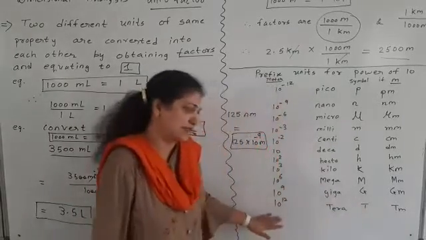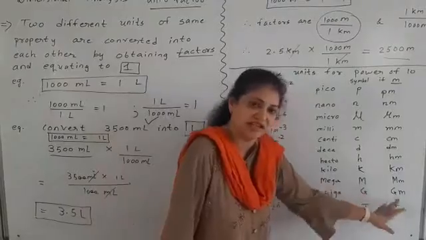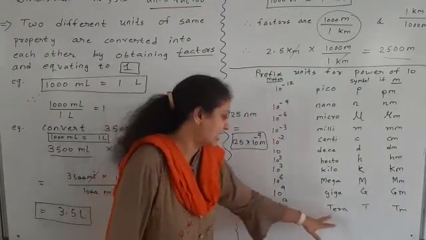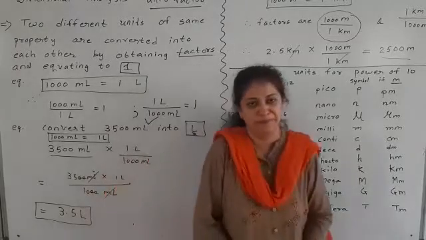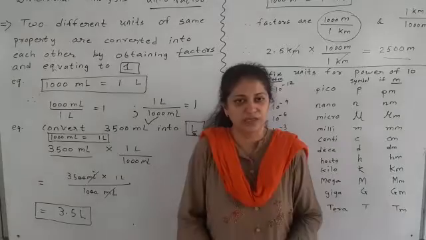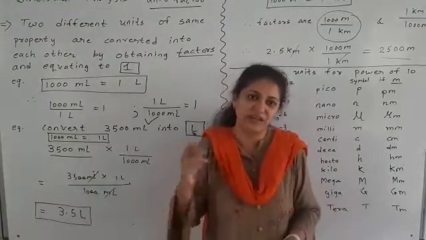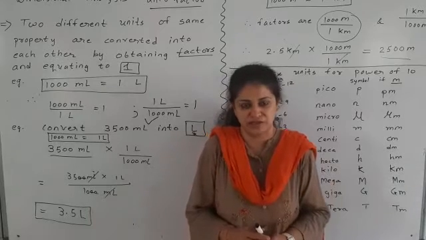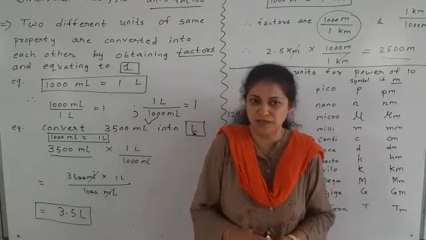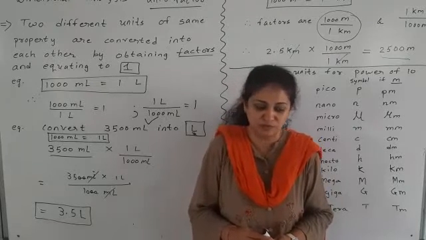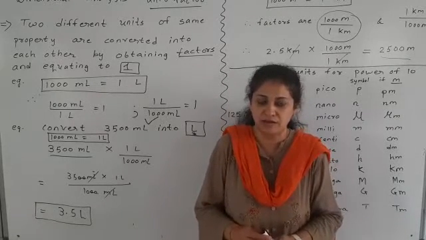Here I have expressed it for meter, so I have written Gm and Tm. Giga is 10 raised to power 9 and tera is 10 raised to power 12. This table is also given in the textbook. You can refer to it, and all entities can be expressed like this. Here I have taken the example of meter. So we'll stop this topic here. Learn it. If you are not clear, just mail me. I'll be sending you an email on a slide.